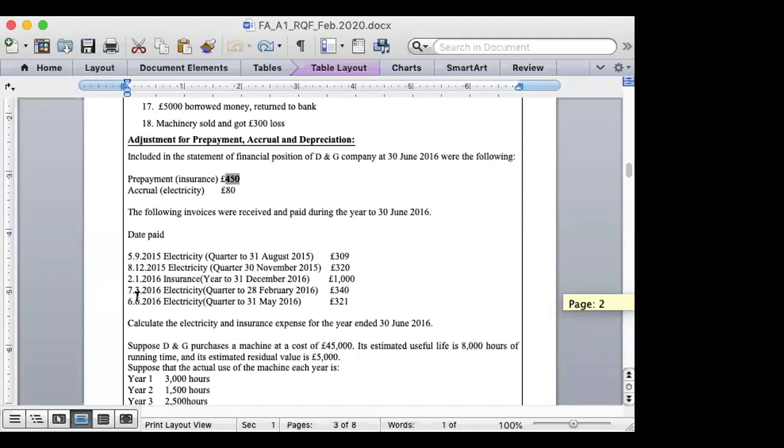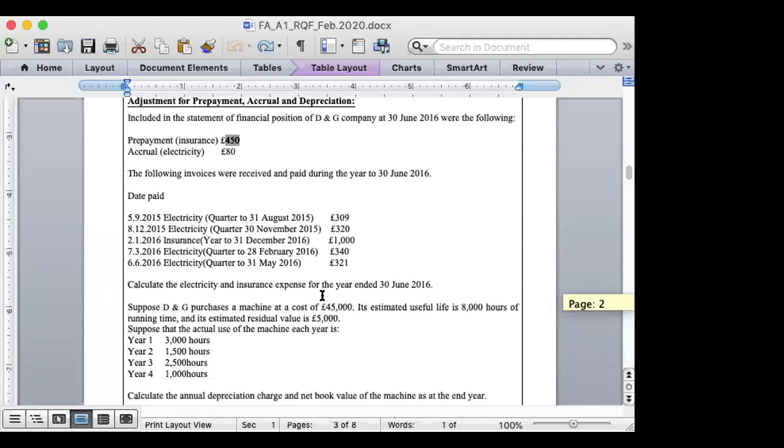And 6th of July, electricity, quarter to 31st May, was 321. So we have this information about the prepayments and electricity.